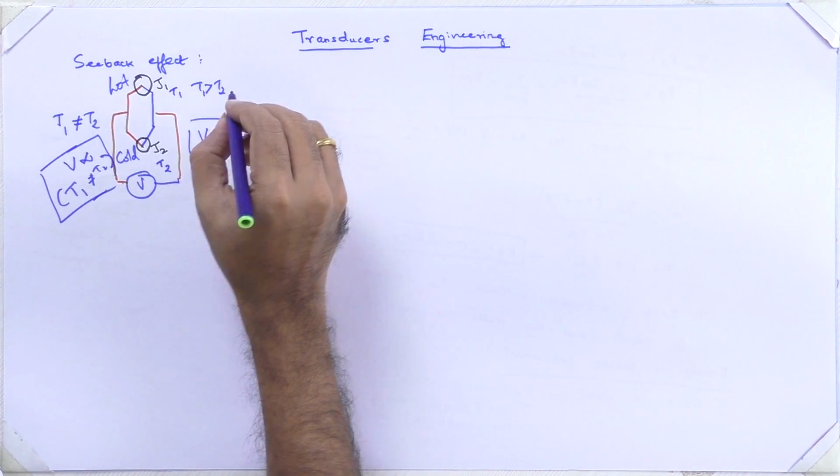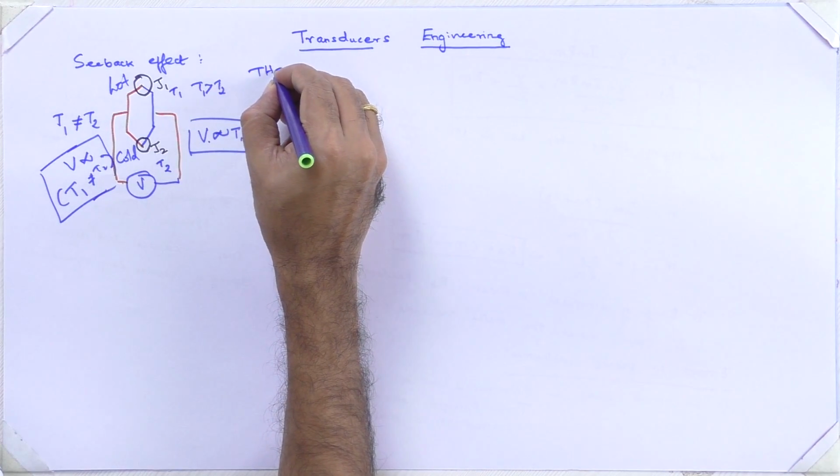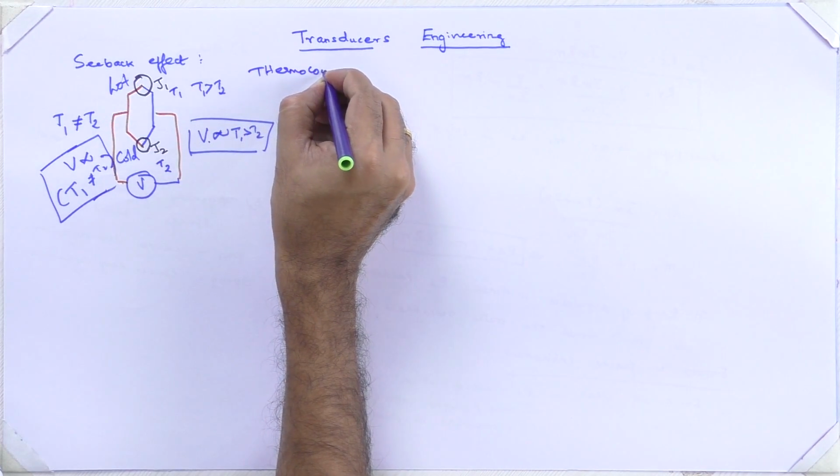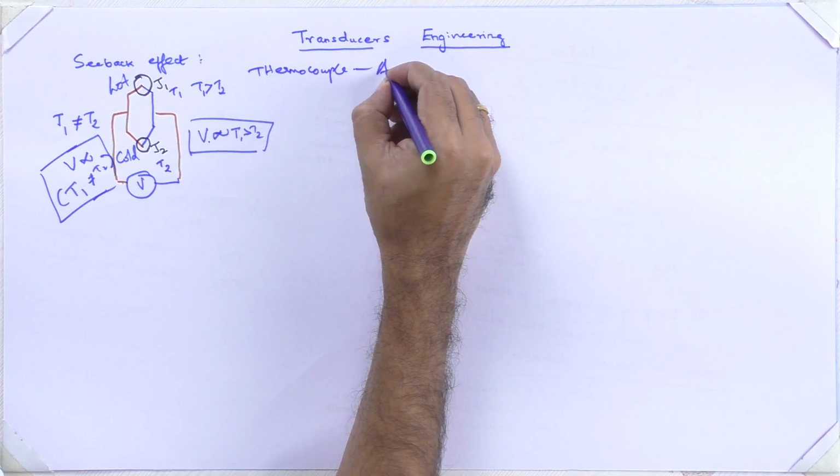We can compare it with a piezoelectric sensor, which gives an electrical output with a change of mechanical stress. Like that, here you give a change in temperature and you get the electrical output. Hence the thermocouple is an active transducer.